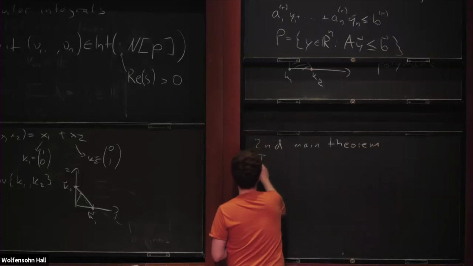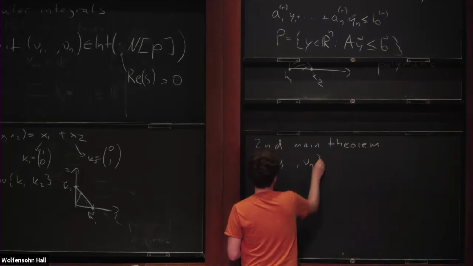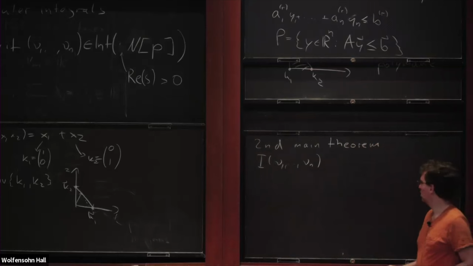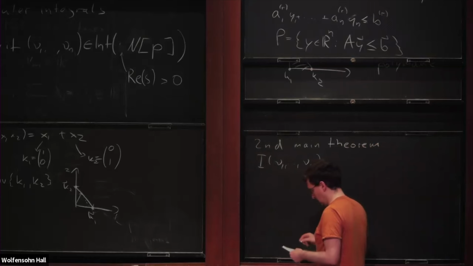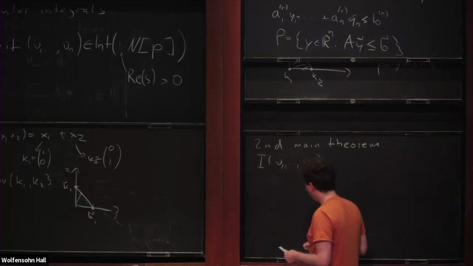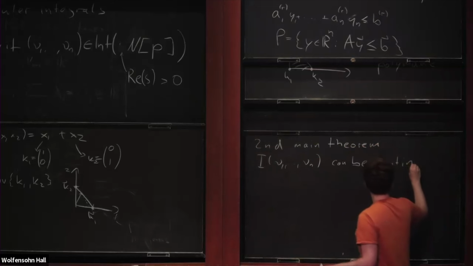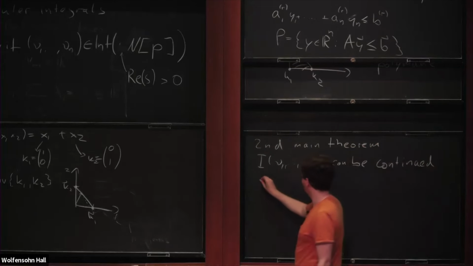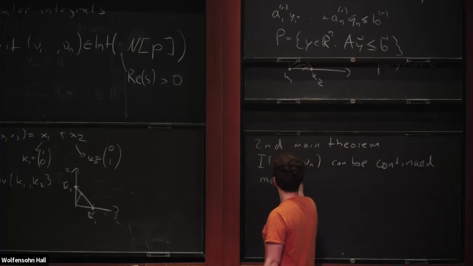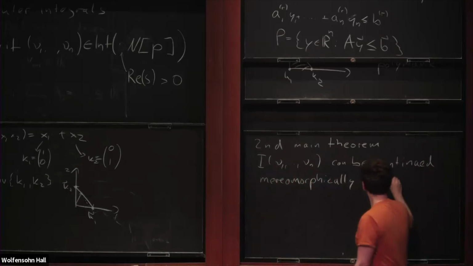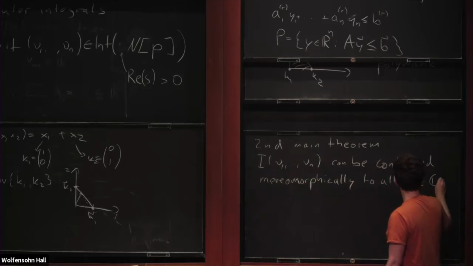So these integrals I, nu, n, they can be analytically continued meromorphically to all complex values of these nus, to C^n minus some codimension 1 set.